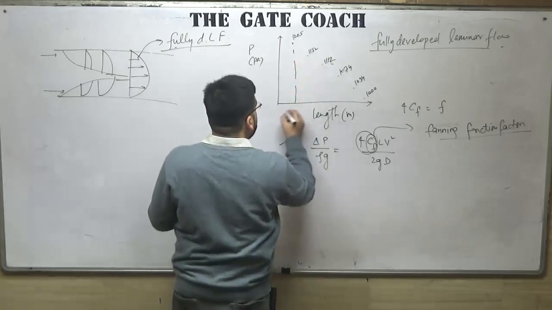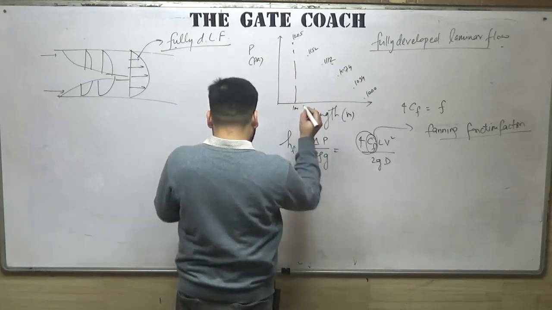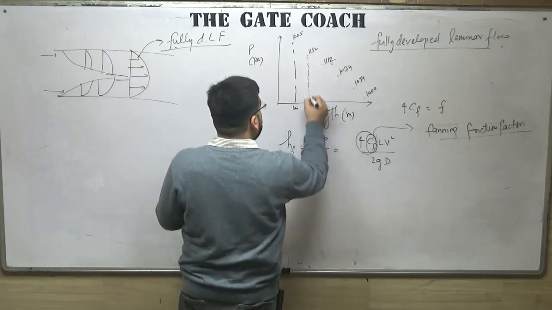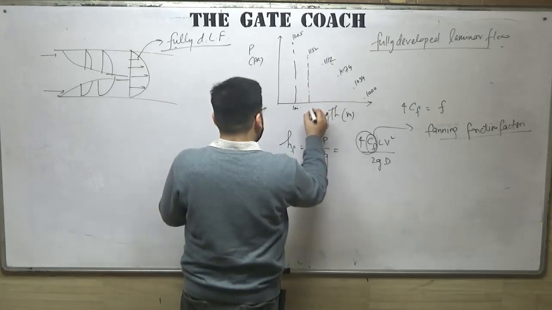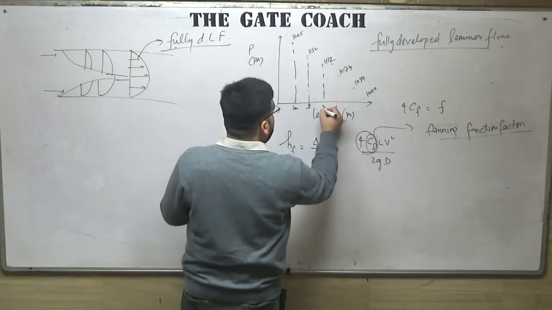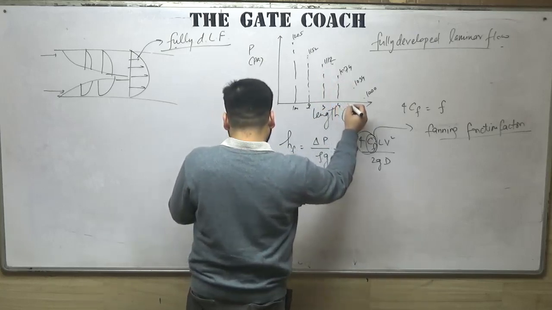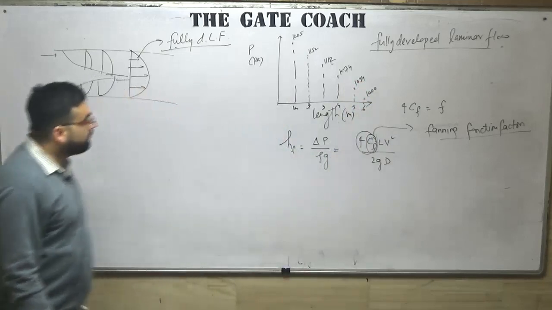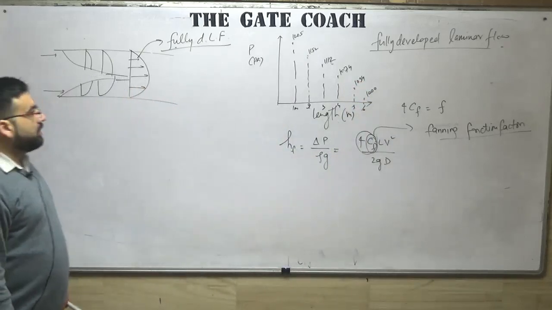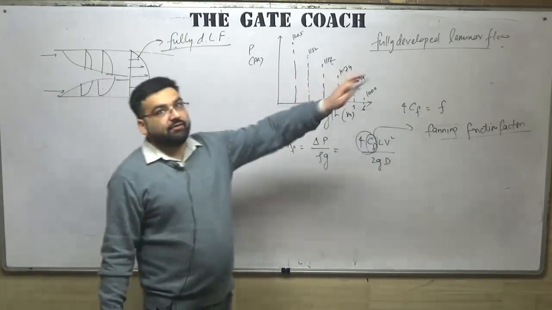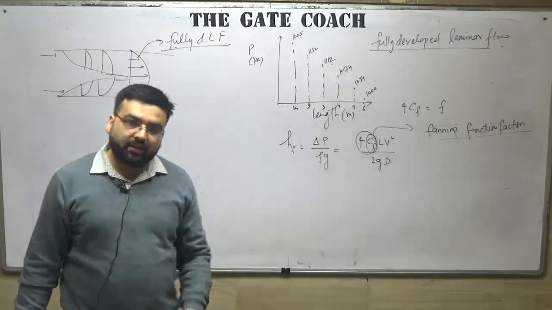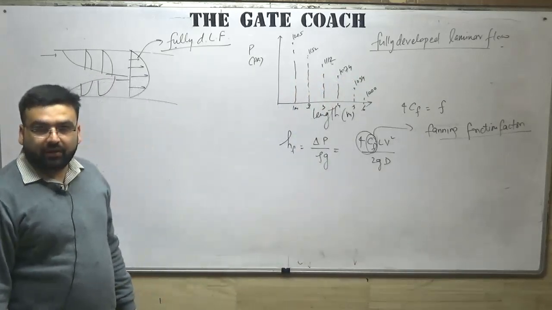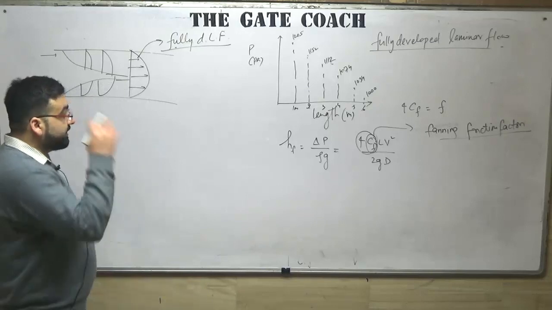This was given as 1 meter, this was given as 2 meter, this was for 3 meter, this was for 4 meter, this was for 5 meter, and this was for 6 meters. So for a fully developed laminar flow, we have to get this value. Clear?